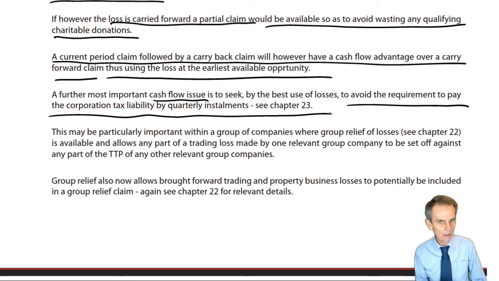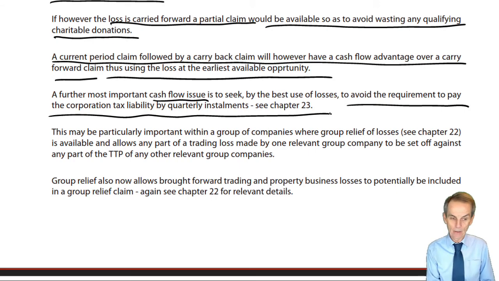Although at this point and in this chapter and in the previous two chapters, we have been dealing with the preparation of a corporation tax computation or computations for a single company, in chapter 22, as we've mentioned on a number of occasions in our discussions so far, we deal with groups of companies.